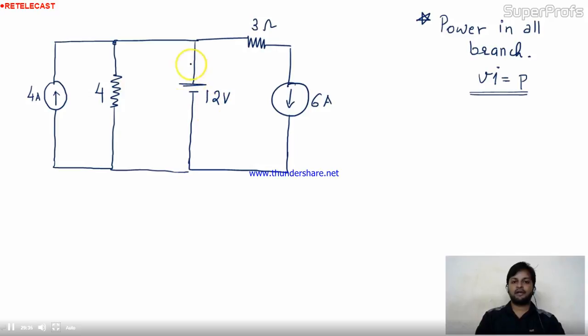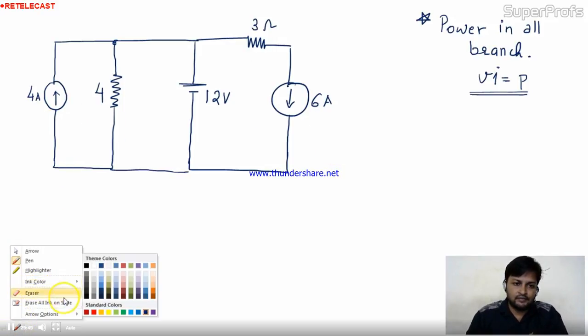If you find the current in the 12 volt battery, you can find its power, and here also we can find the power. So see this circuit, I'm going to analyze this.